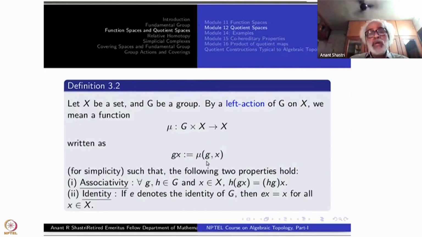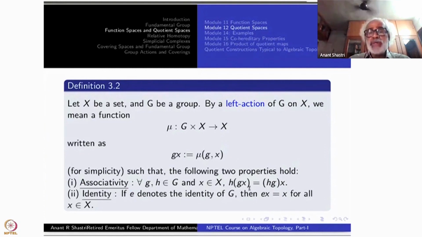So this mu has two important properties. One, it's associative: action of g on x, followed by action of h, is action of hg on x.